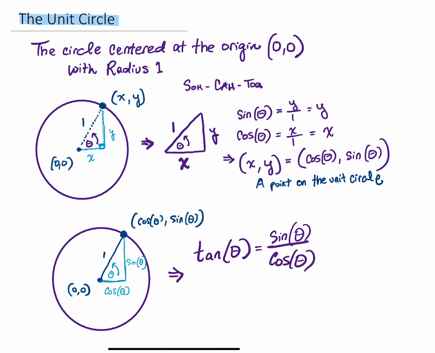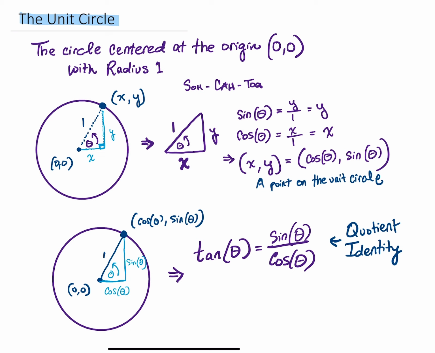So this gives us our first, we'll call this a quotient identity. It's called a quotient identity because we're taking this quotient, doing a division.